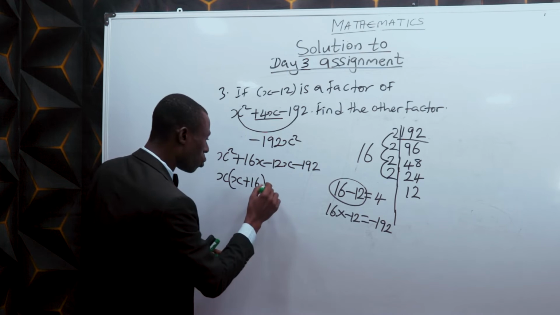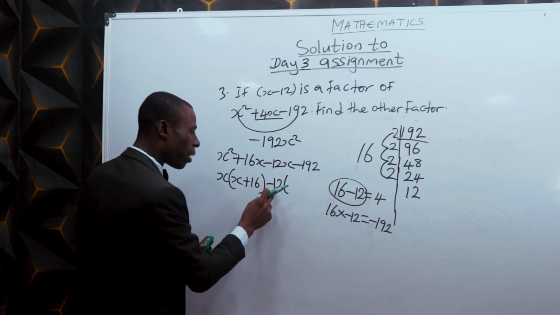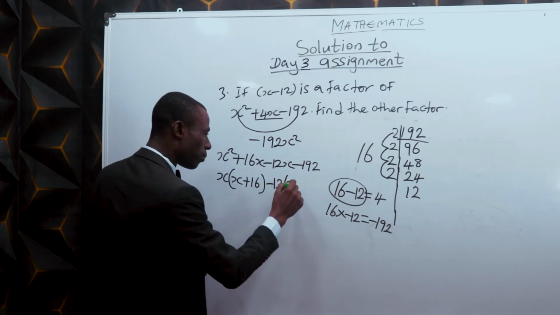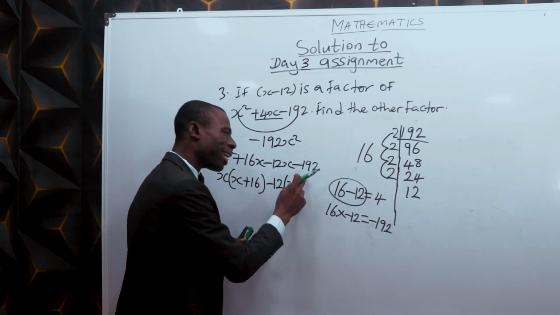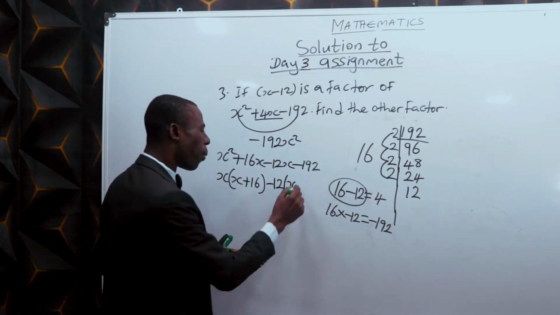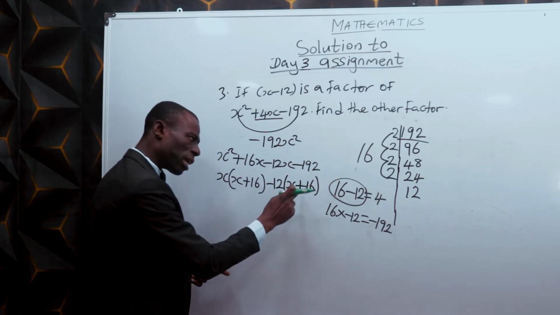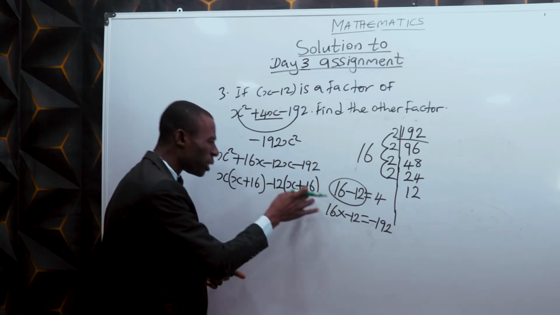Minus 12 is common. So use the minus 12 to divide minus 12x. It gives you positive x. Use the minus 12 to divide minus 192. It gives you positive 16. You don't just write 16 down here because you want to force them to be the same.